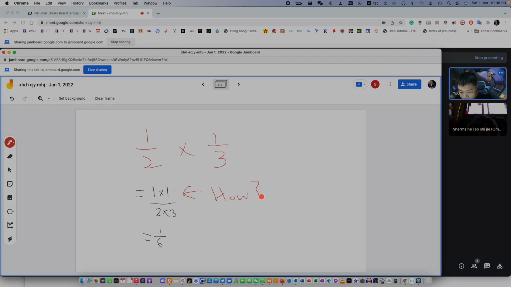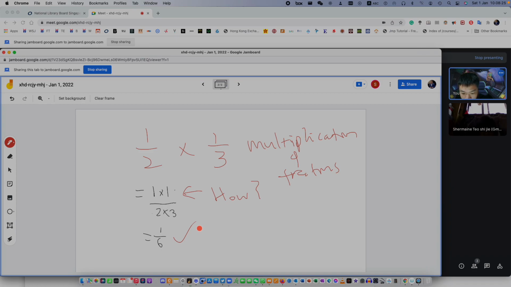Alright, cool. Good. So what you have done here is called multiplication of fractions. For multiplication of fractions, you don't change it to the same denominator. Instead you times the numerator and you times the denominator, and then you get this.